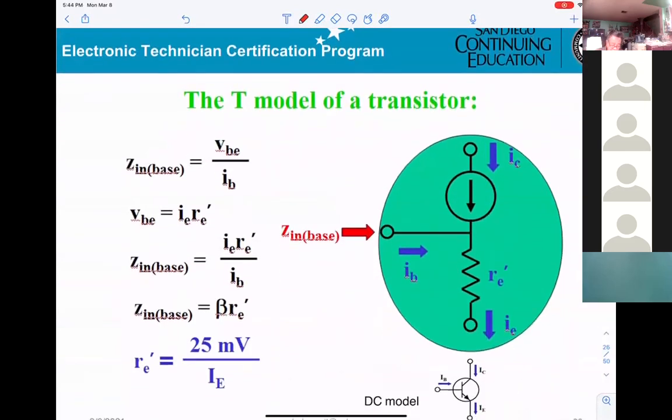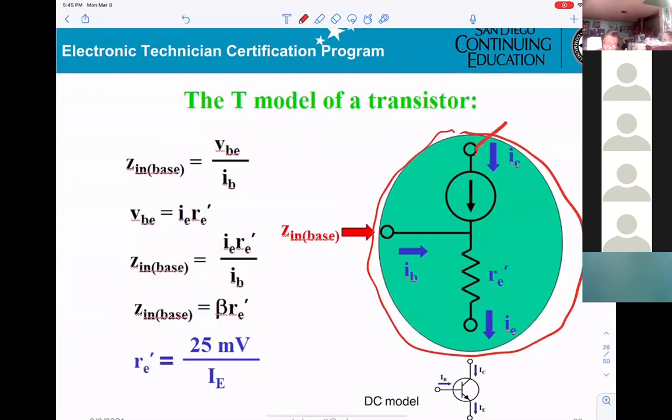Now, this is a transistor in the AC. This will be the collector, this will be the base, and this will be the emitter. Instead, you draw this transistor differently.